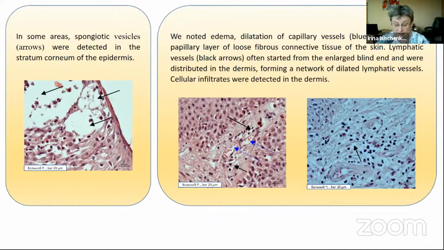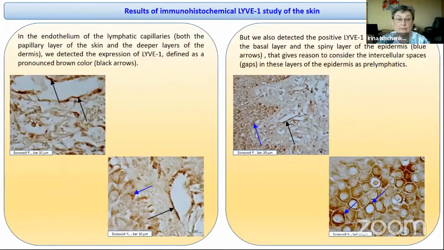Lymphatic vessels often started from enlarged blind ends and were disrupted in the dermis, forming a network of dilated lymphatic vessels. Cellular infiltrates were detected in the dermis.